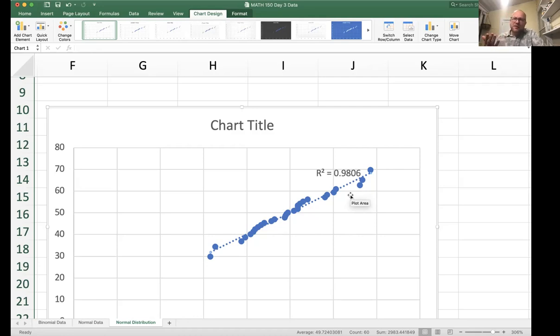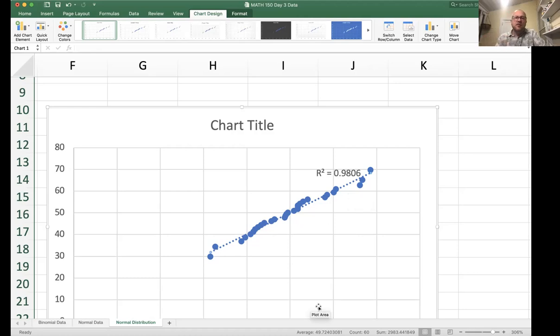Now, one question that's a very good question, and I don't have a good answer for: what is the cutoff? How do you decide, nope, this isn't good enough? Well, for something visual, if you can clearly see it's a pattern that is not a straight line and that it pulls away from the line in the middle, then you can say it's not good enough.